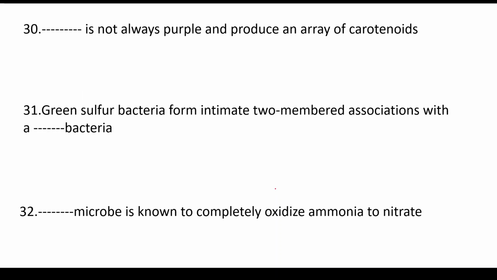The next question is: Dash is not always purple and produces an array of carotenoids. Green sulfur bacteria form intimate two-membrane associations with Dash bacteria. Dash microbes are known to completely oxidize ammonia to nitrate.